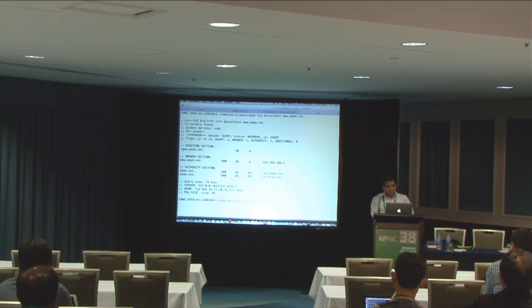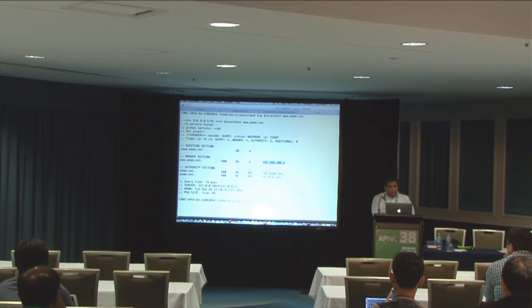You can see that I was asking for www.adam.net, looking for the IP address of that, and I got this. This is the IP address of www.adam.net, right? That took 73 milliseconds because the query went to root and then to the next level, which is .net, and then adam.net, and I got the answer from adam.net.